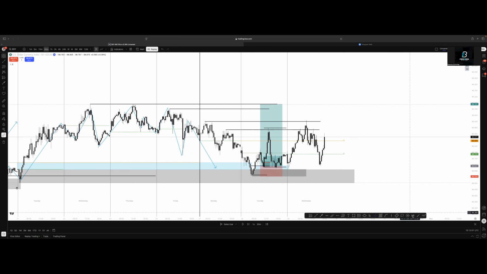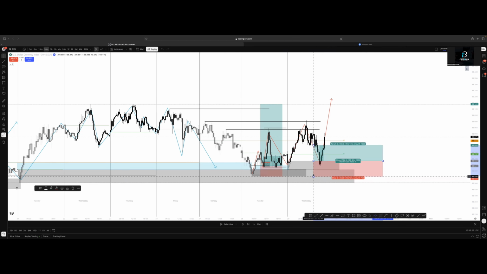Price came back again because now we're creating higher high, higher low, higher high, higher low, higher high, higher low, higher high. So you have to completely trust the system. Just because the market breaks like this, right, doesn't mean that it's now bearish, right? Until this low is broken, we are not bearish. So this is just another opportunity to add another position on Wednesday.